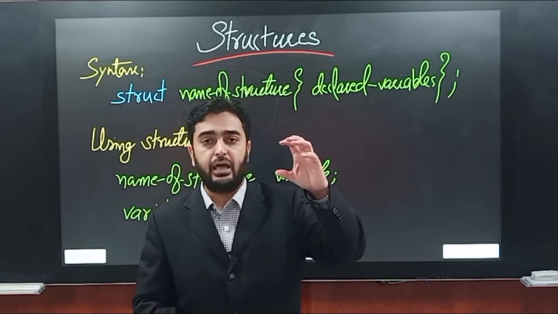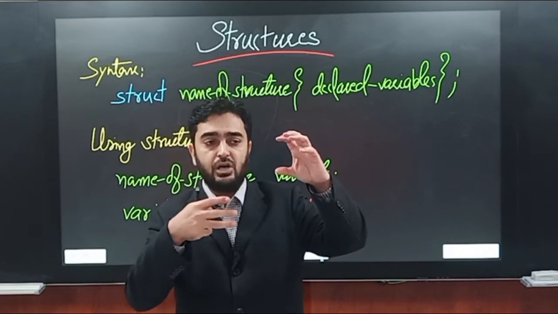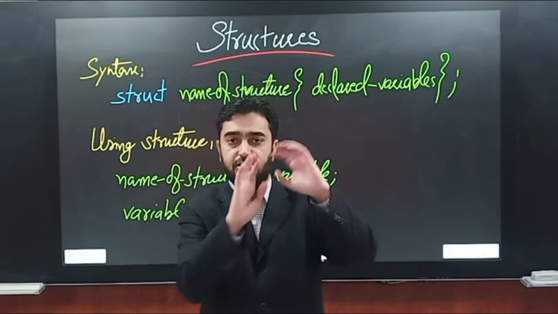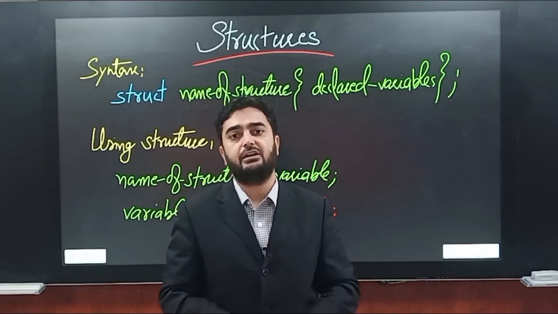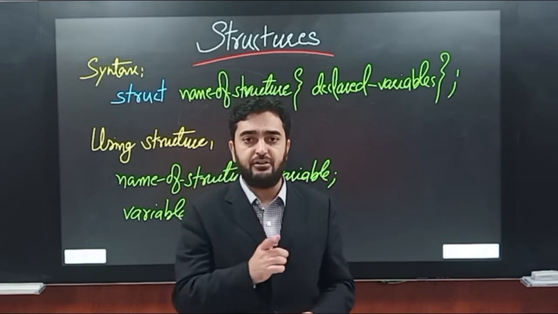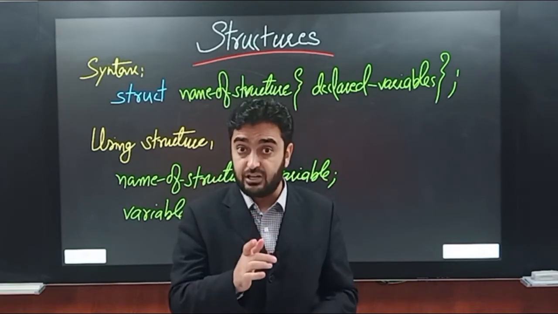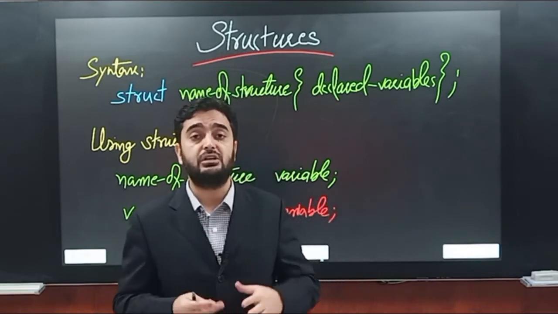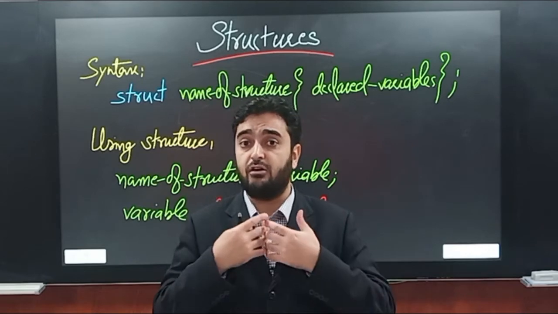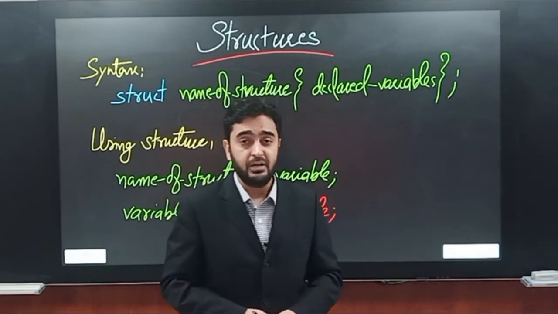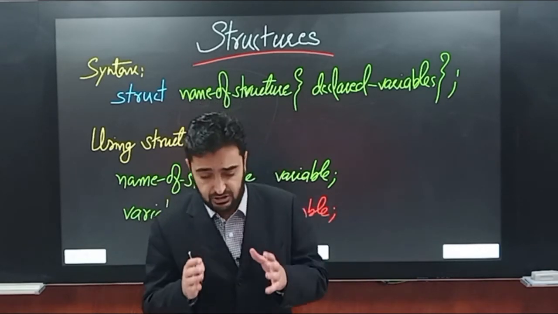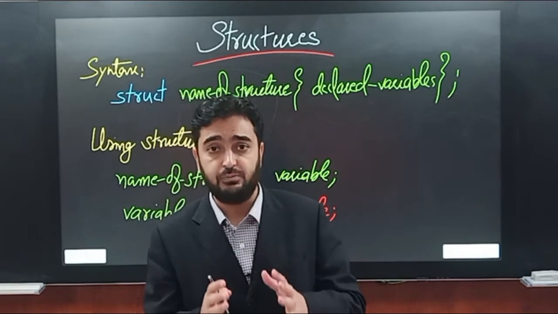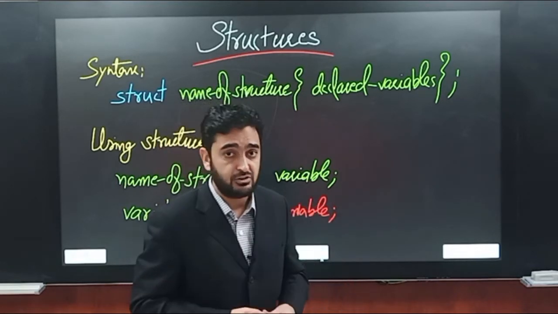Under the student name we will have 3 variables, and then we can utilize this collection of data types for each and every student in the class. Not only in the class, but you can use it for the students of the whole school and institute.